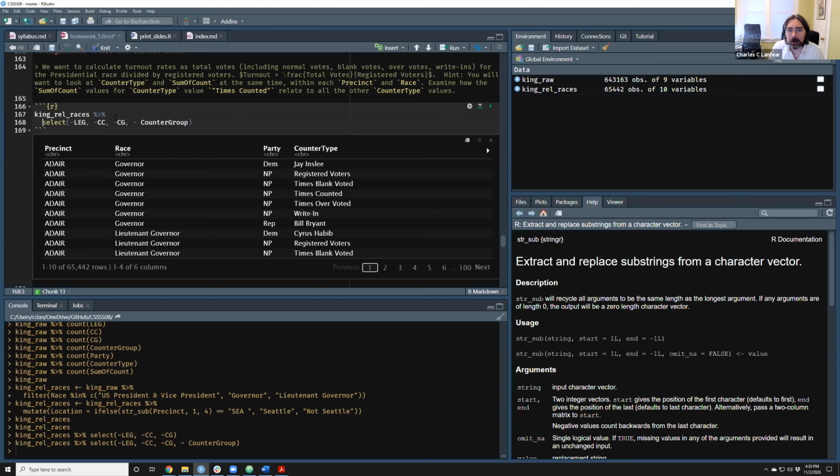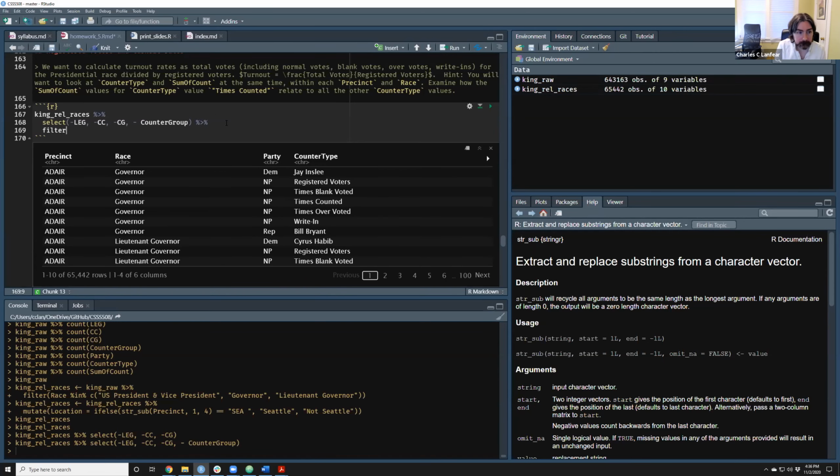So if what we care about is the number of registered voters and the total votes counted, what do we actually need out of here? What rows do we need? Where counter type is equal to registered voters, or where it's equal to times counted.